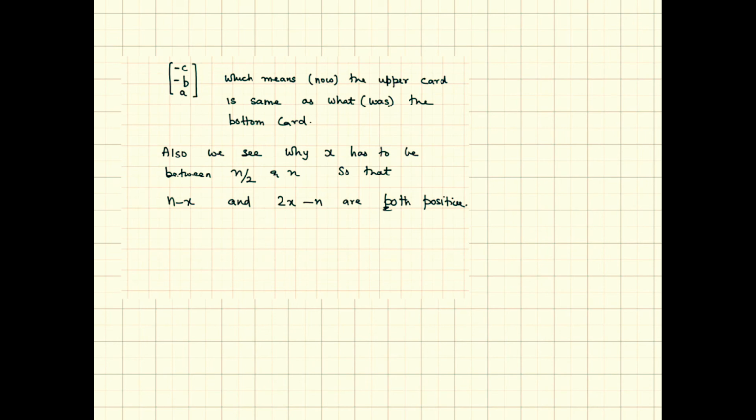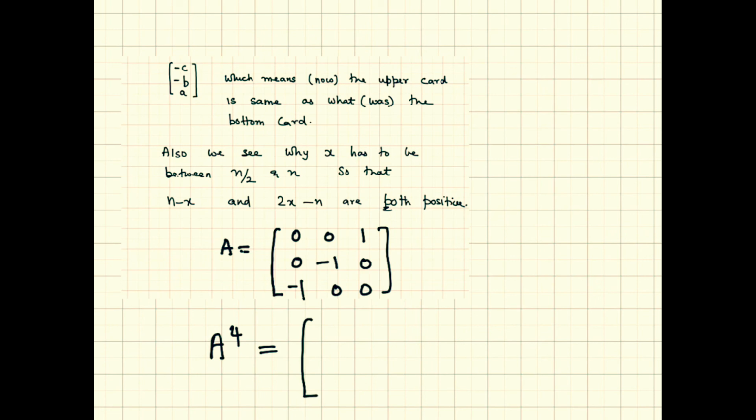We also saw that when we raise it the fourth time, the card completely reverses in order. How does this happen? When you take A and raise it to the power of 4, what is going to happen is we are going to get a unit matrix, a unit matrix I, which means identity matrix.